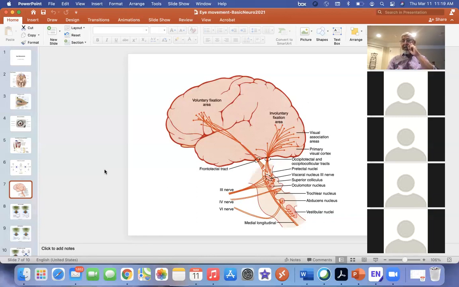Now the brain has fixated the eye on one object. At that time, when the vestibular system tells the brain that the head is moving to the right, the brain has to tell the eye to move to the left to keep the gaze fixated on that object. Did you get it? It's not complicated, right?